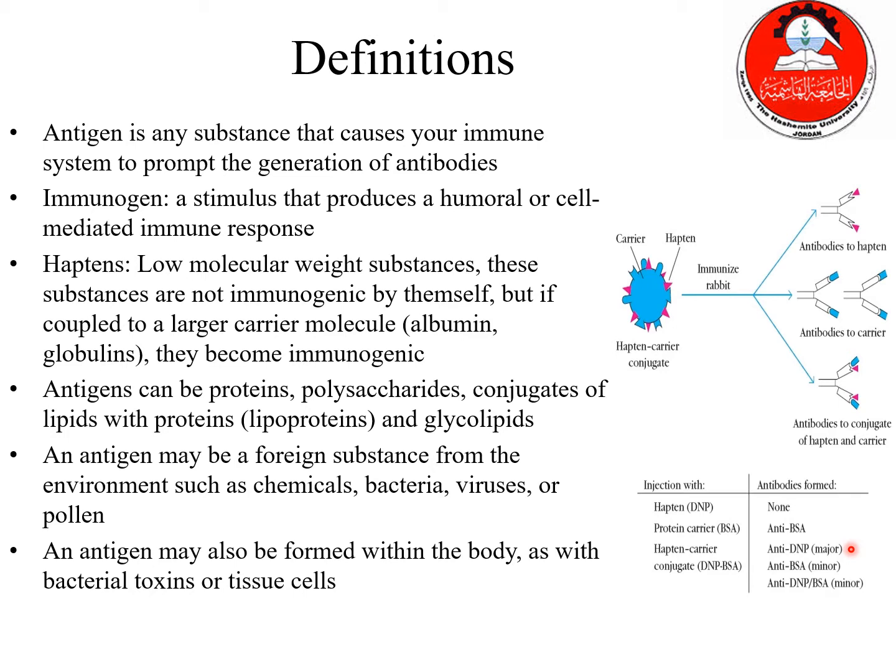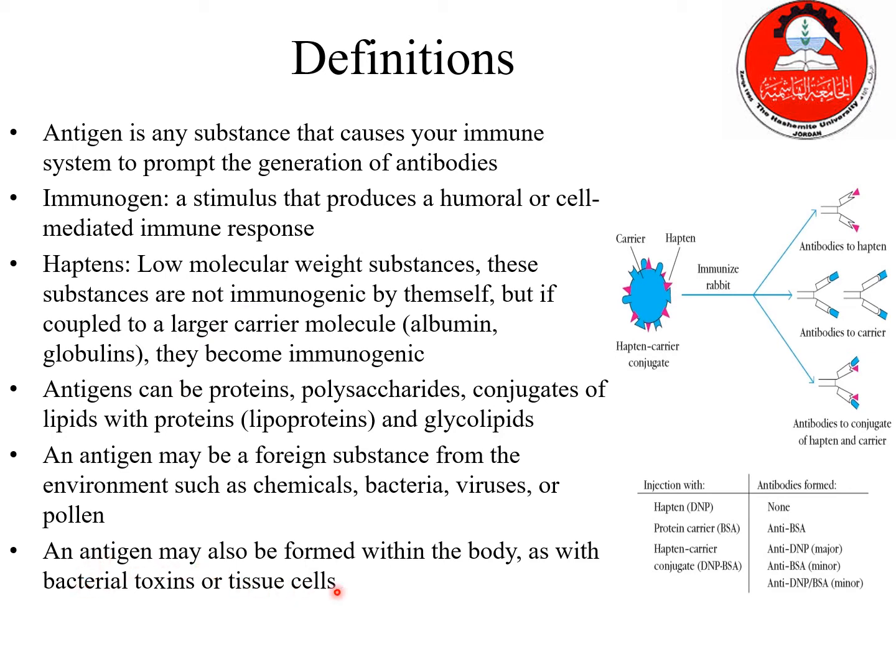So hapten alone, not immunogenic. The protein carrier is immunogenic. Once conjugated, it's going to produce antibodies against both the hapten and the carrier. But mostly, most of the antibodies are going to be targeting the hapten and not the carrier itself.